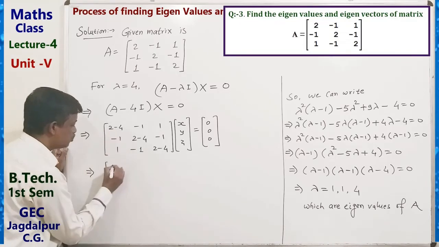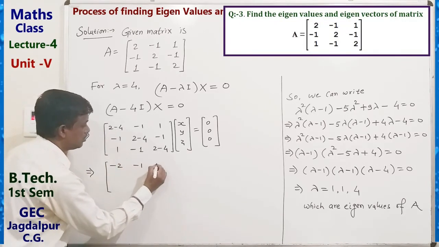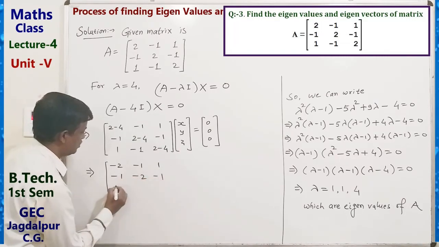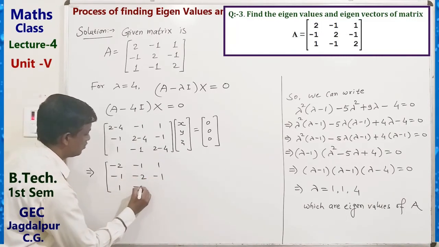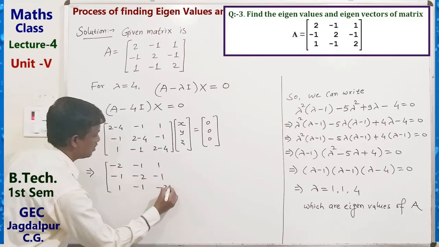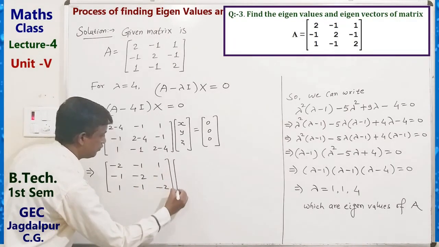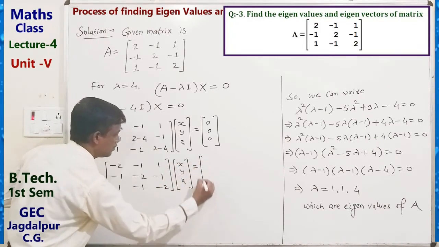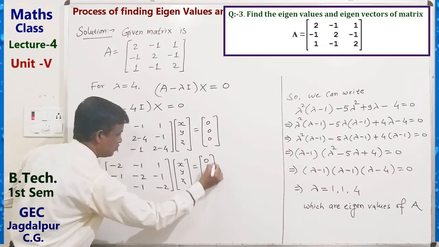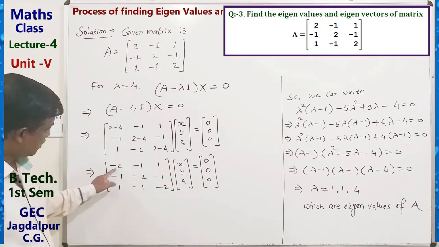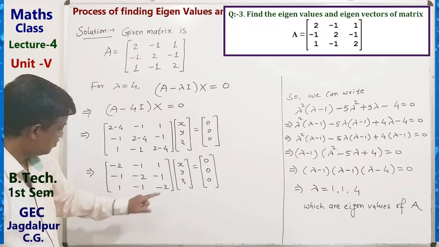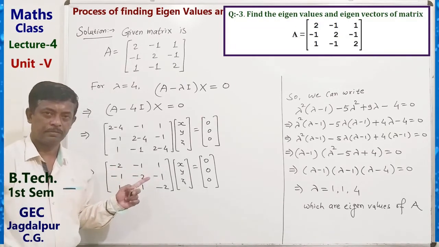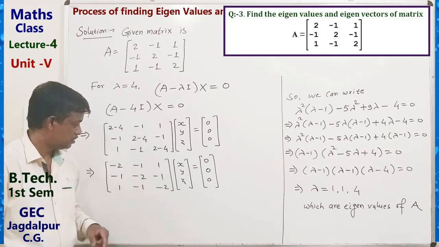Now minus 2, minus 1, 1, minus 1, minus 2, minus 1, 1, minus 1, minus 2. x, y, z equals to 0, 0, 0. Rank will be 3 because we cannot convert it.